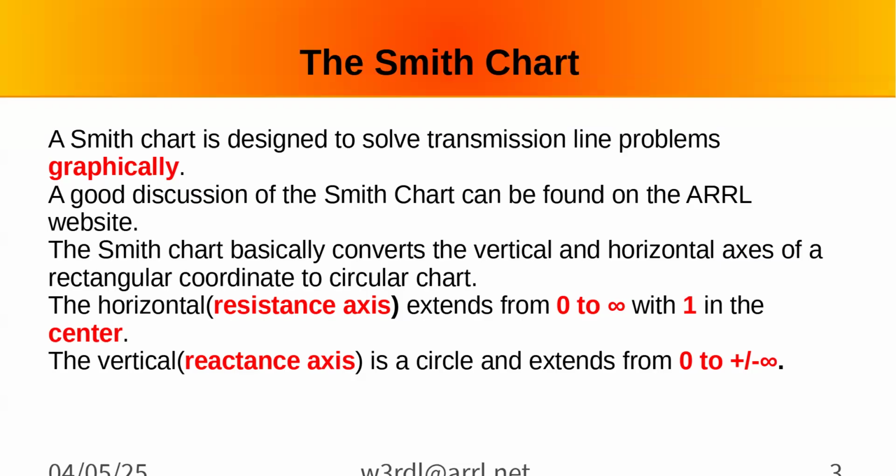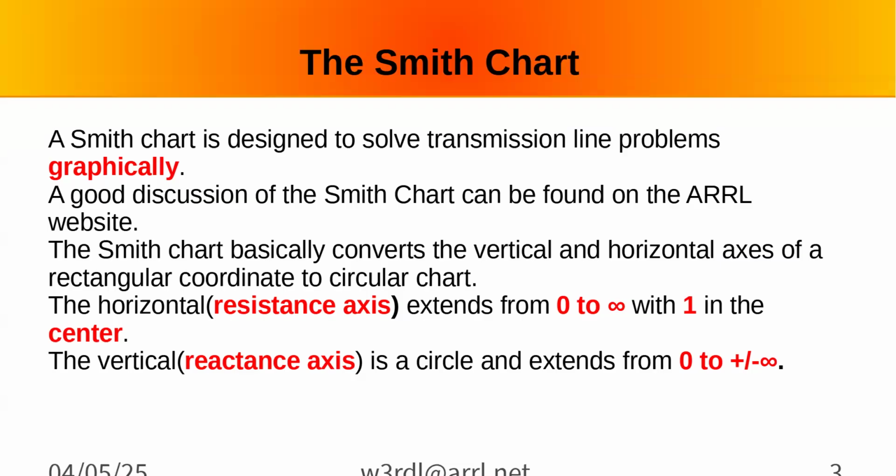Therefore, all the lines that would be vertical are now circles that go back to infinity. And all of the horizontal lines that you would see crossing the vertical axes now become arcs, just because I wrapped it around into a circle.